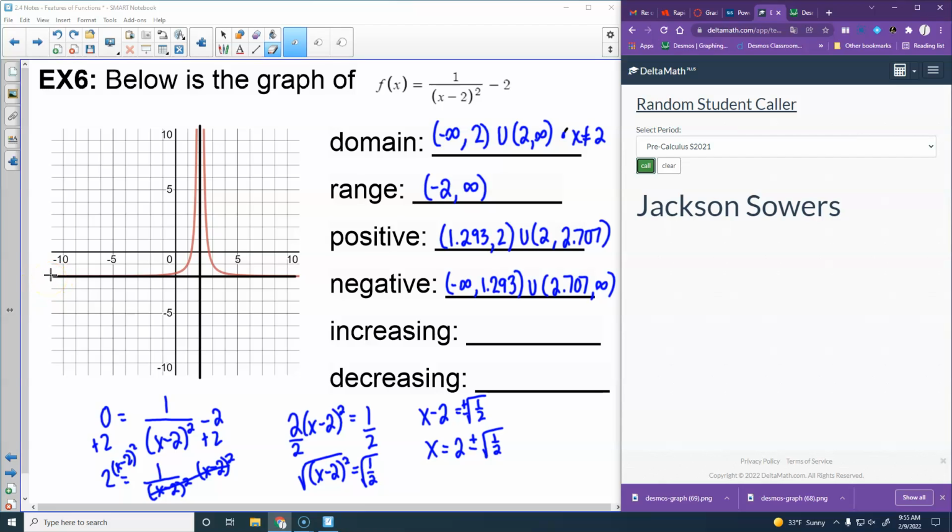So when we start going from the edge over here, you can't really tell what's happening because it's so flat, but you are increasing. Then here, certainly we're increasing, increasing, increasing. We go up, up, up forever, but our x values are getting closer and closer to 2, right? So we're increasing till we get to that asymptote.